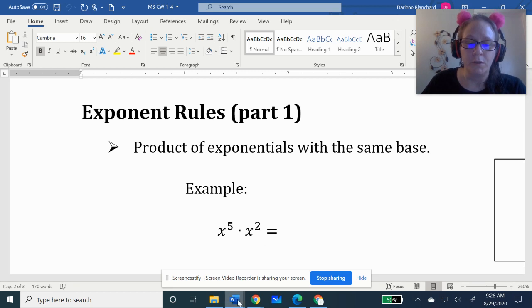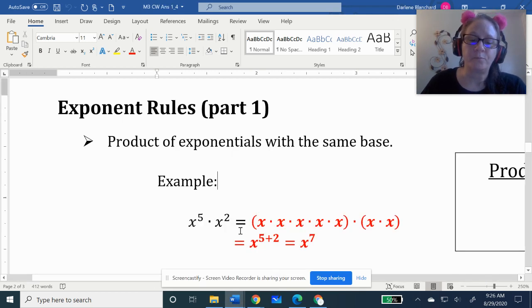I'm going to go over to the answer sheet, and x to the 5th power is an example. It means I multiply x 5 times. I then multiply that by x multiplied 2 times. So it's really important that you see the addition here.